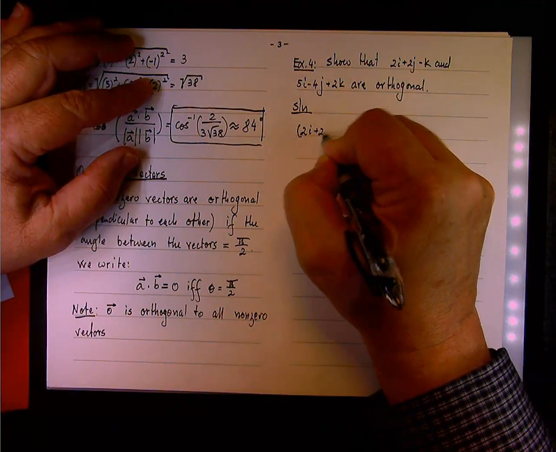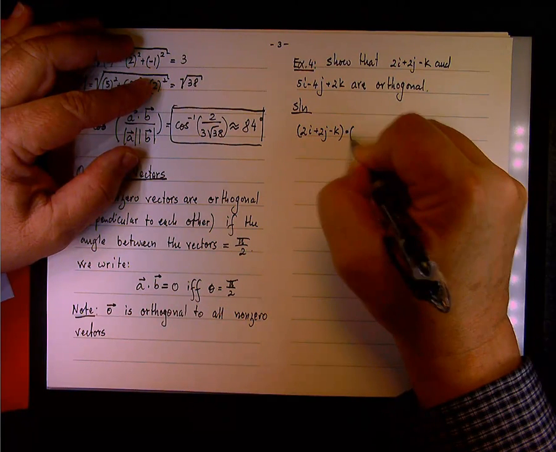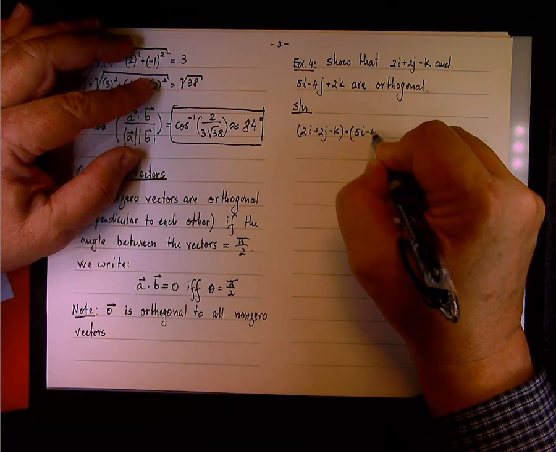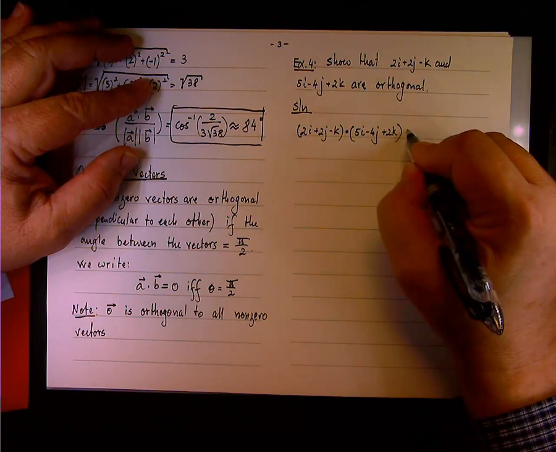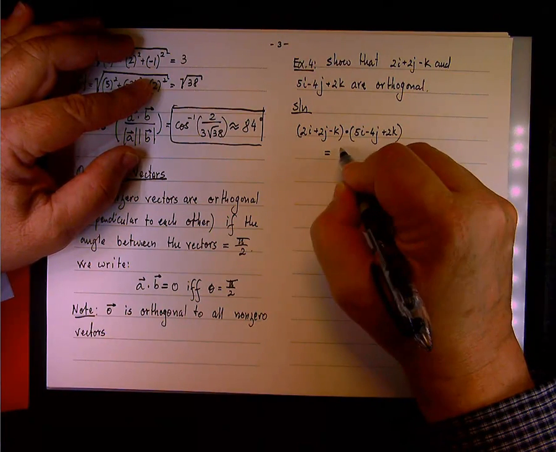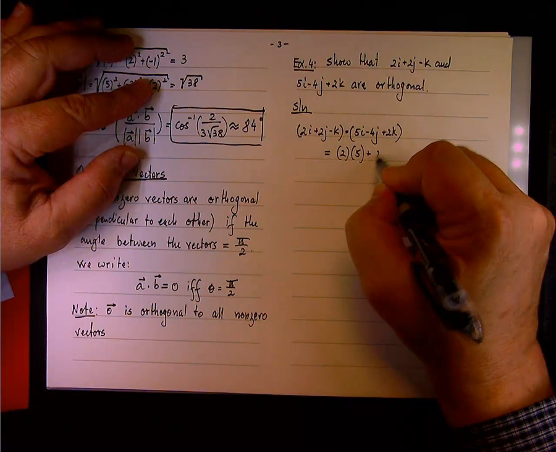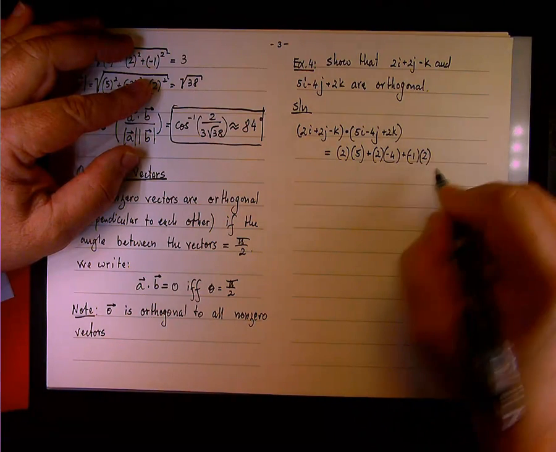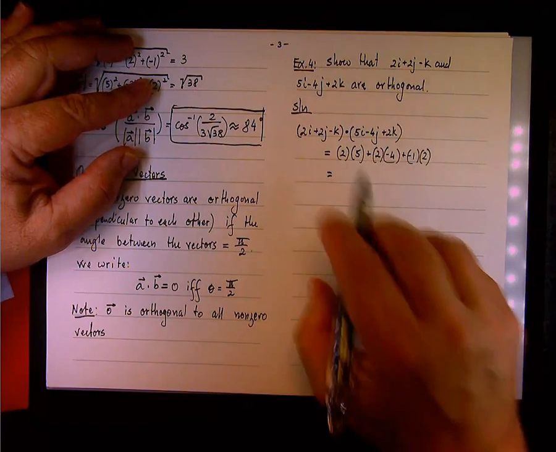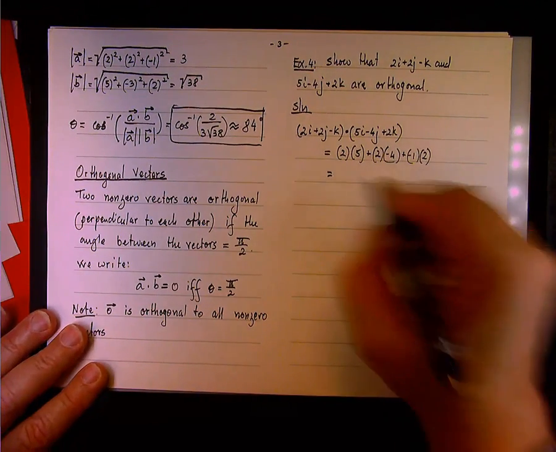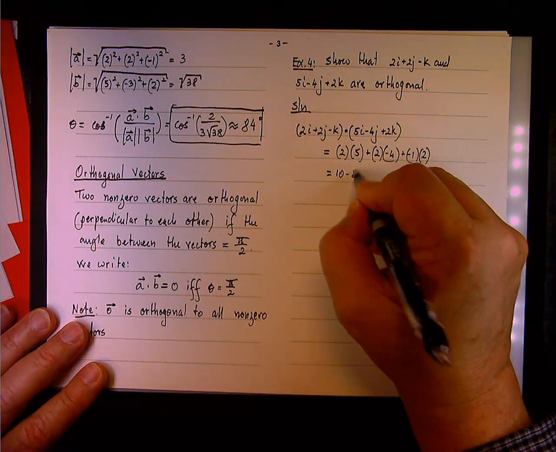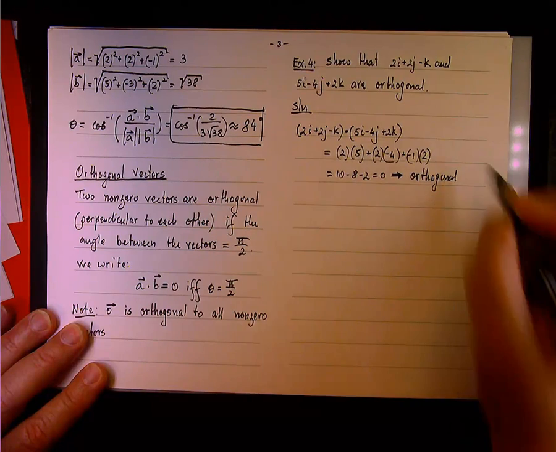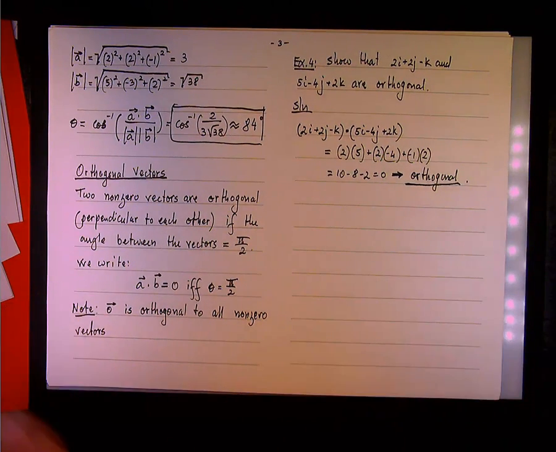So we have 10 minus 8 minus 2, so all of it is okay, so this is it. That was a quick one.